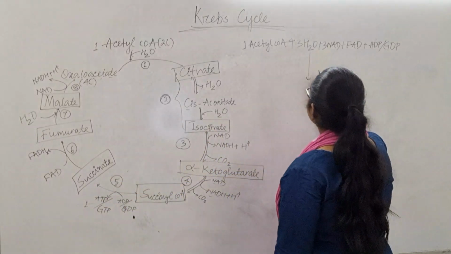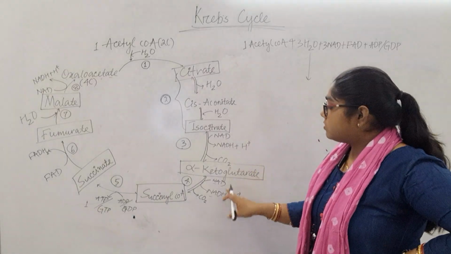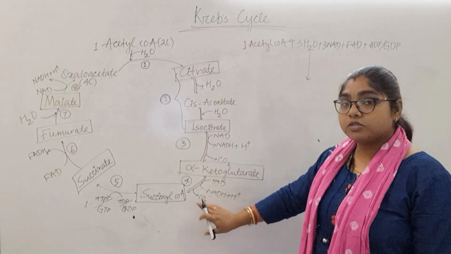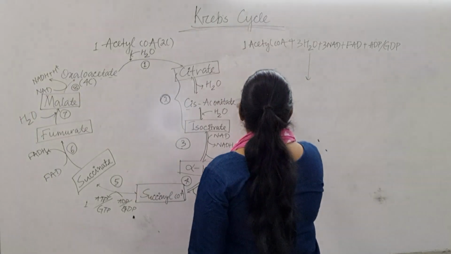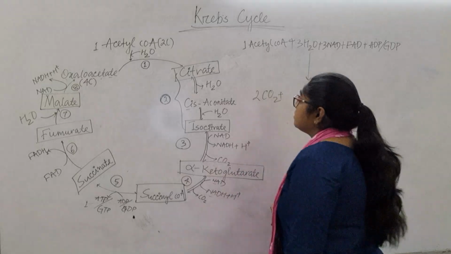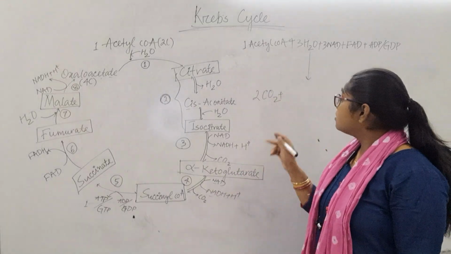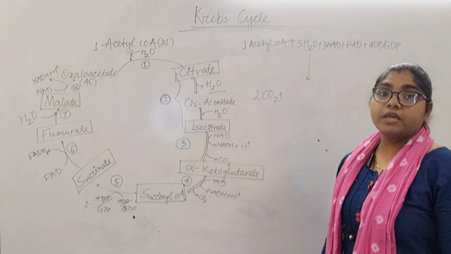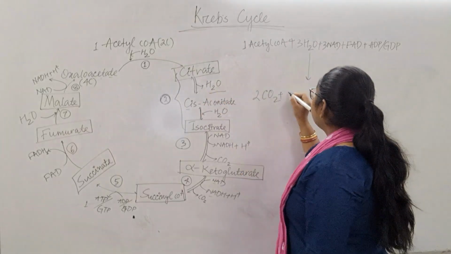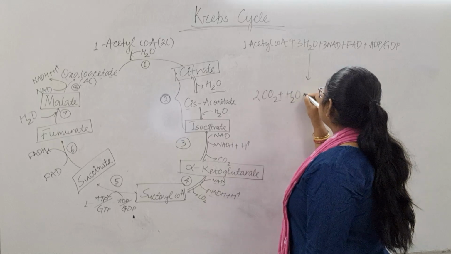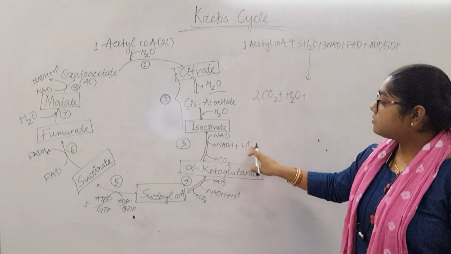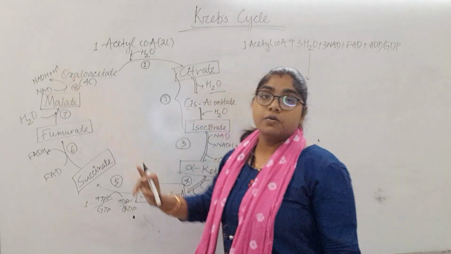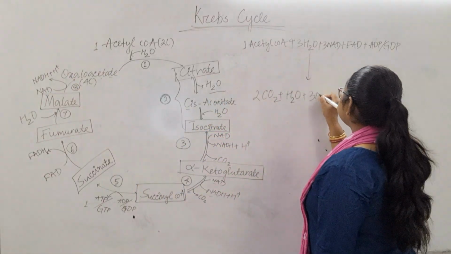Now it is producing 2 carbon dioxide molecules: one in the third step, oxidative decarboxylation, and another in the fourth step, oxidative decarboxylation. From the water molecules it is producing only 1 water molecule, in the first half of the isomerization. From 3 NAD it is producing 3 NADH.